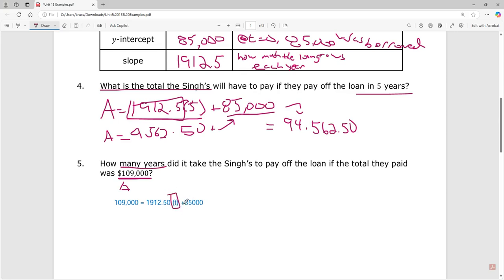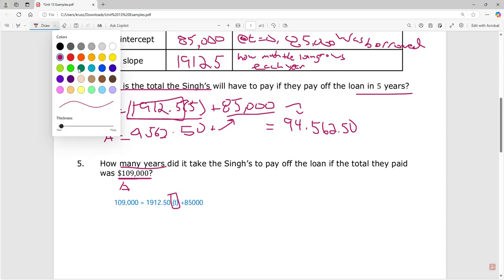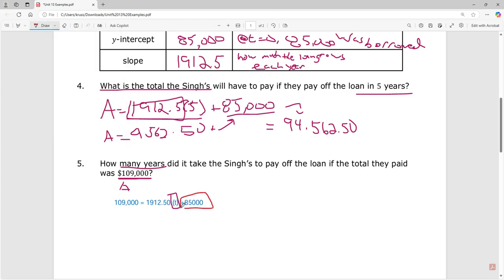All right, so we're going to take this value, this positive 85,000, and take it over there, right? So this is going to be minus 85,000. All right, so if I do that, that's gone on that side. So 109 minus 85 is 24,000.